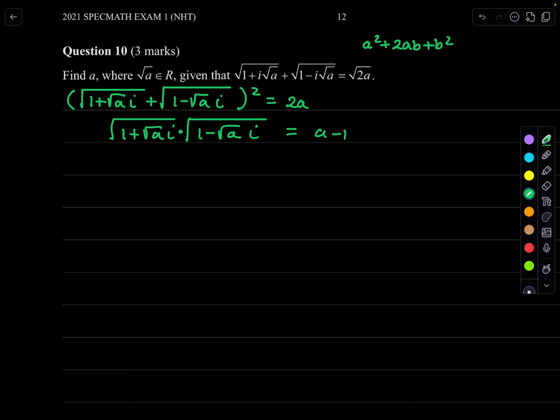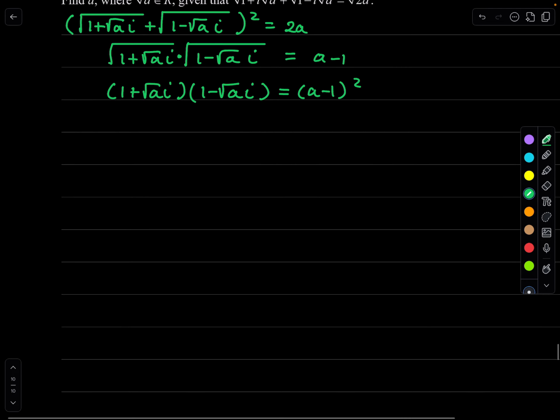Okay. Now, to get rid of the square root, I'm going to square it again. So I have to square both sides. If I square this whole thing, the square root is going to disappear now. So it'll be 1 plus root A, times 1 minus root A, is equal to a minus 1 all squared.